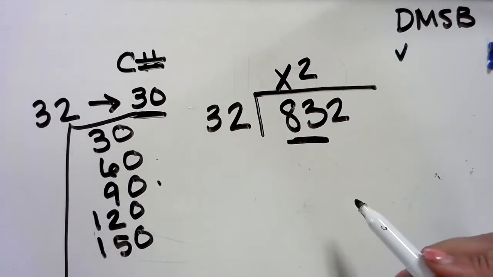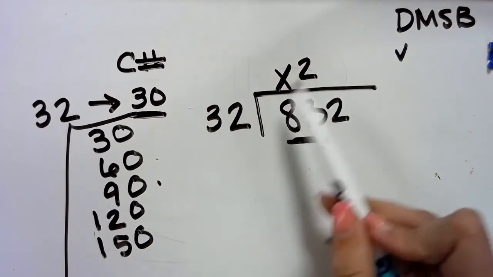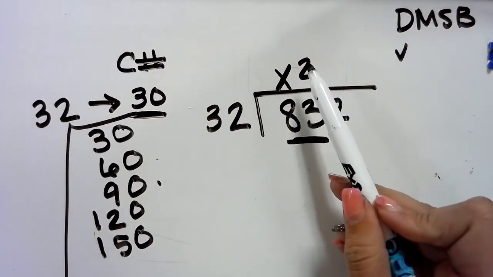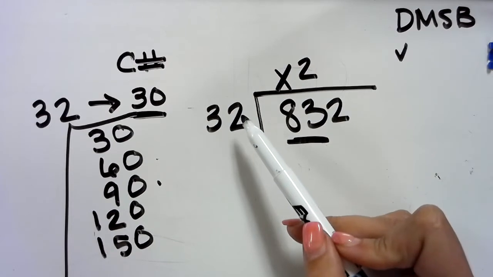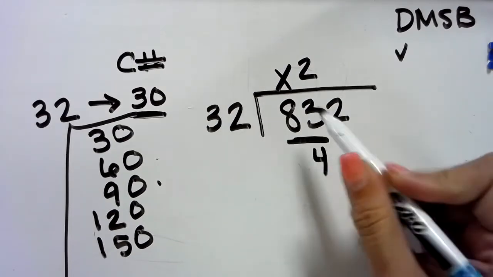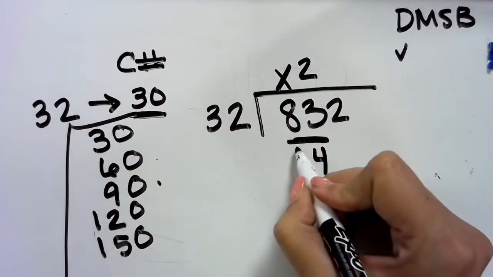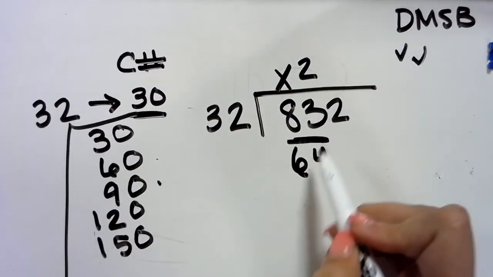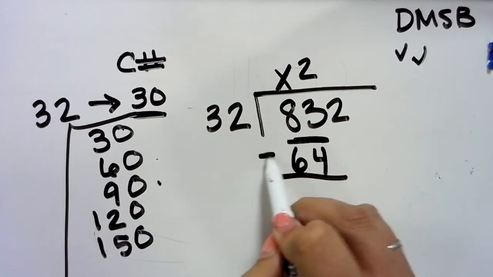Now I need you to multiply. So if you need to pause this to multiply your 32 times 2, maybe that's too difficult, so you may need to do the 2 times 2, which is 4, and then 2 times 3, which is 6. So I've multiplied. Now I need to subtract.